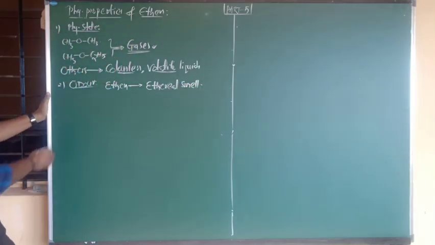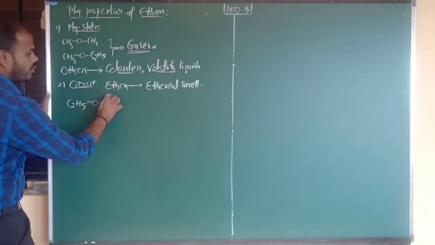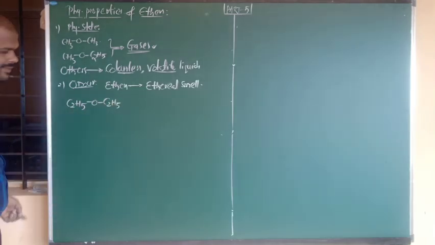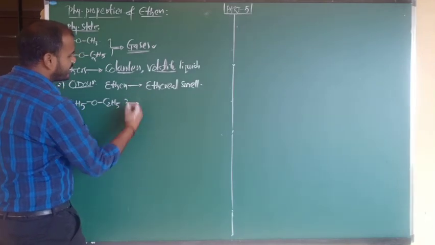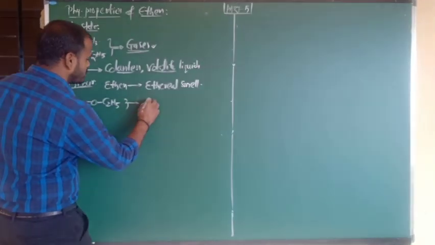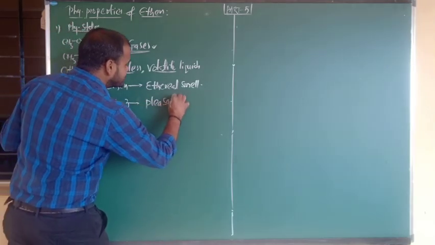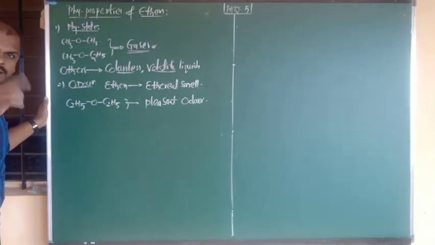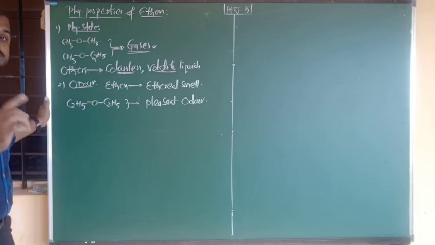One example: C2H5 bonded to O, again O bonded to C2H5, diethyl ether. Diethyl ether has a pleasant odor, and it causes temporary unconsciousness. That's why it can be used in anesthesia also.